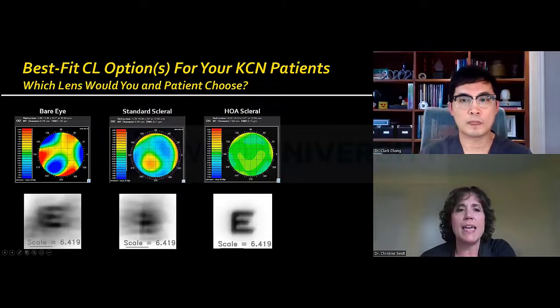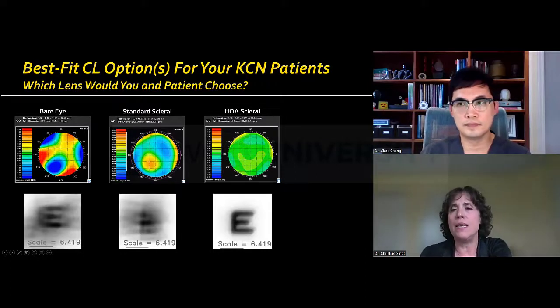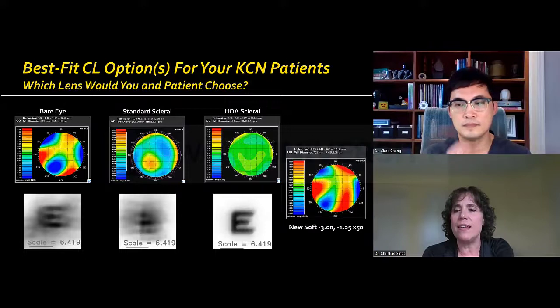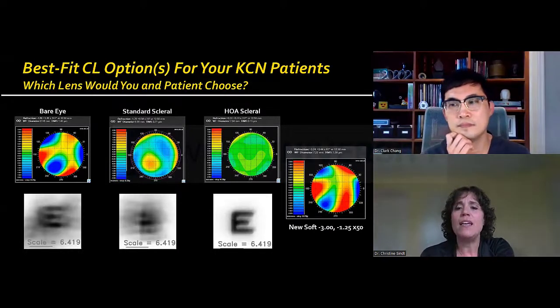Now, this is his eye here. So we went from 1.43 microns of aberrations to 0.15 microns of aberrations when we corrected his higher order aberrations in a scleral contact lens as well. The interesting thing is, though, he didn't actually appreciate it.